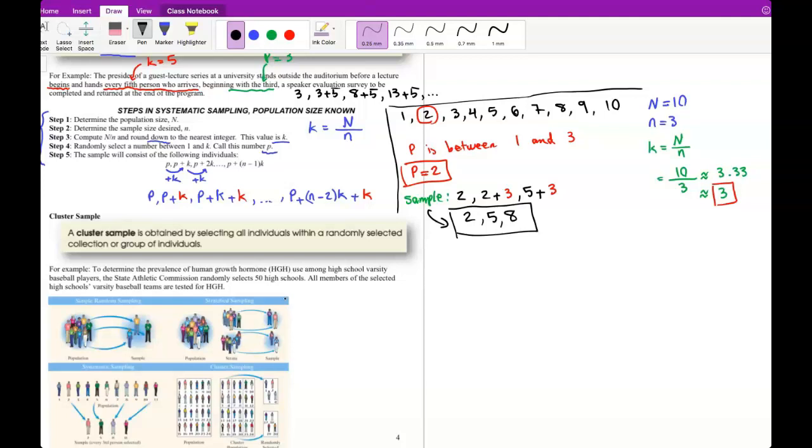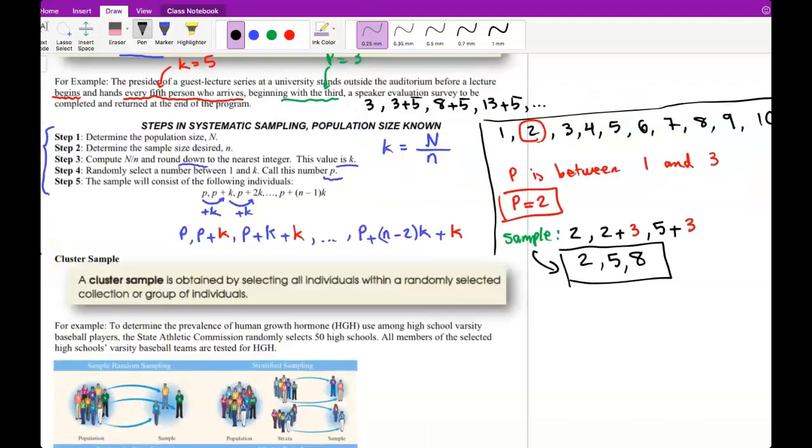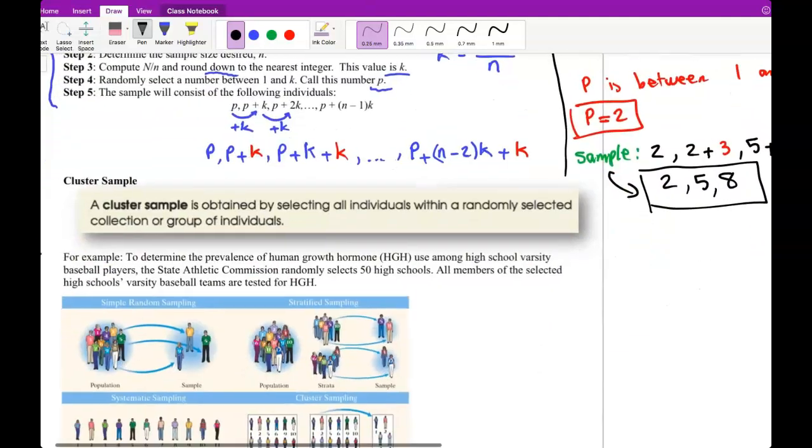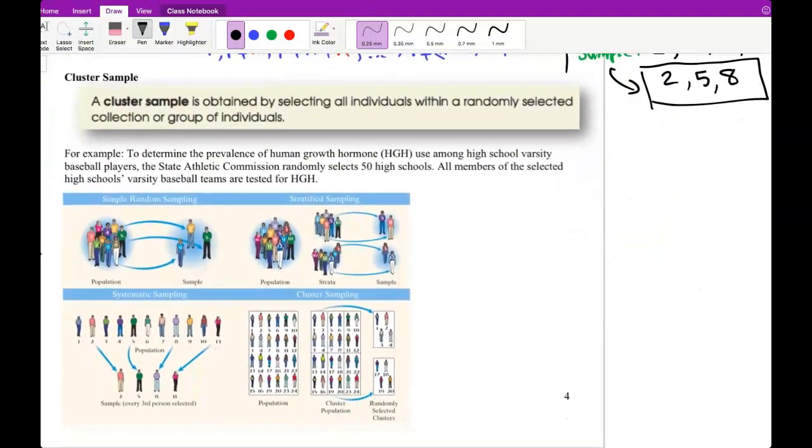Okay, then the next one is cluster. Cluster sample is obtained by selecting all individuals within a randomly selected collection or group of individuals.